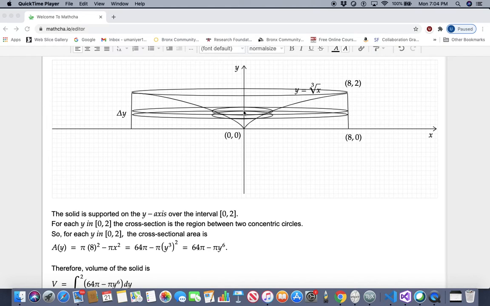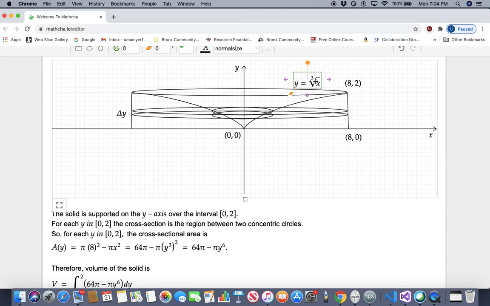The outer circle has radius starting from here until here. That's the x coordinate. So the outer circle has radius 8, and for the inner circle, that's the x coordinate. Horizontal distance is the x coordinate. But the x coordinate is y to the third, because that's your curve, y equals cube root of x.